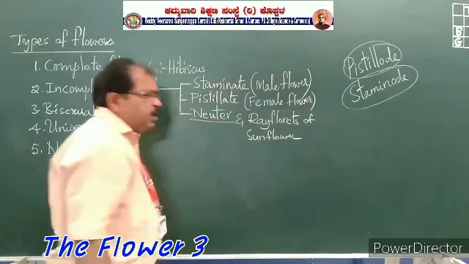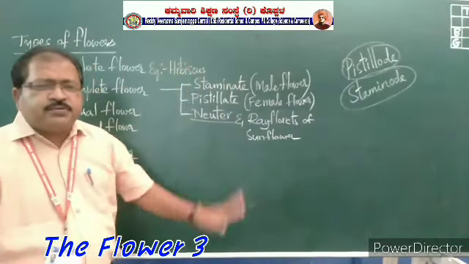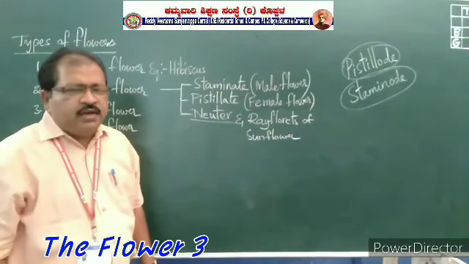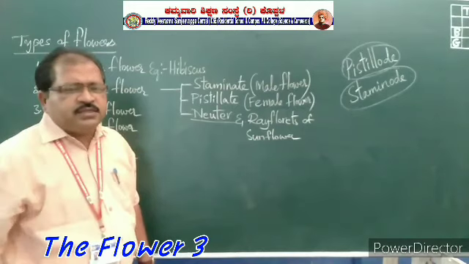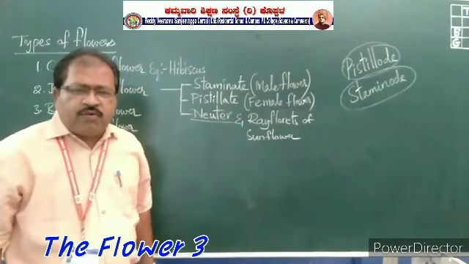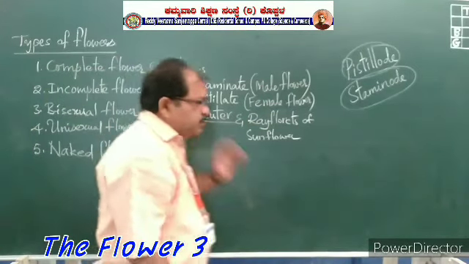In this, both stamens as well as pistil are absent or non-functional completely. Ray florets of sunflower are the best example for this neuter flower. And come to the next one.